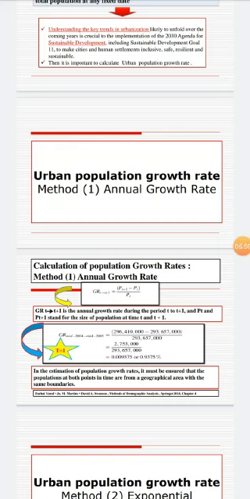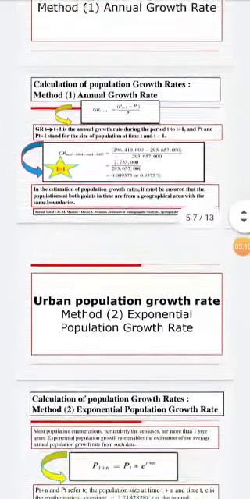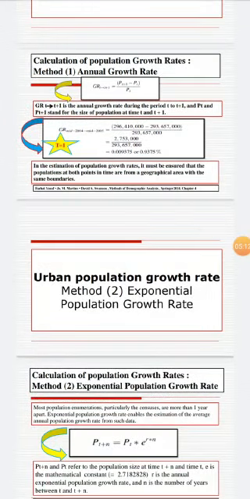If t equals 1, it will help us determine the annual growth rate of urban population. But if we have more than 1 year between the 2 periods of time, we will use method 2, which is the exponential population growth rate.